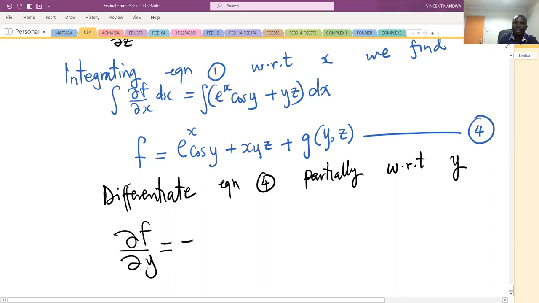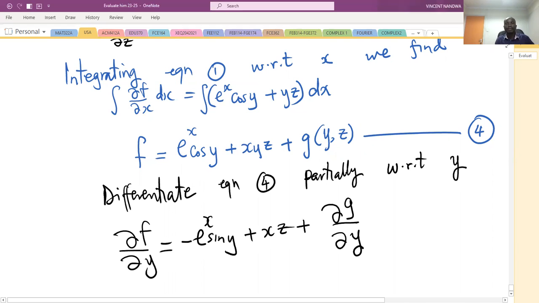This will be now minus e raised power x sine y plus xz, and then plus partial g partial y, or you can write g sub y of yz. So call this one equation 5.